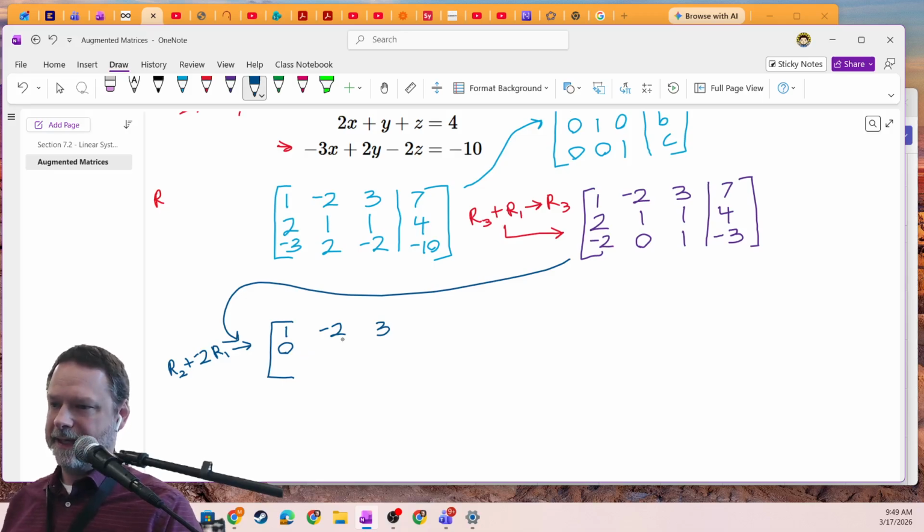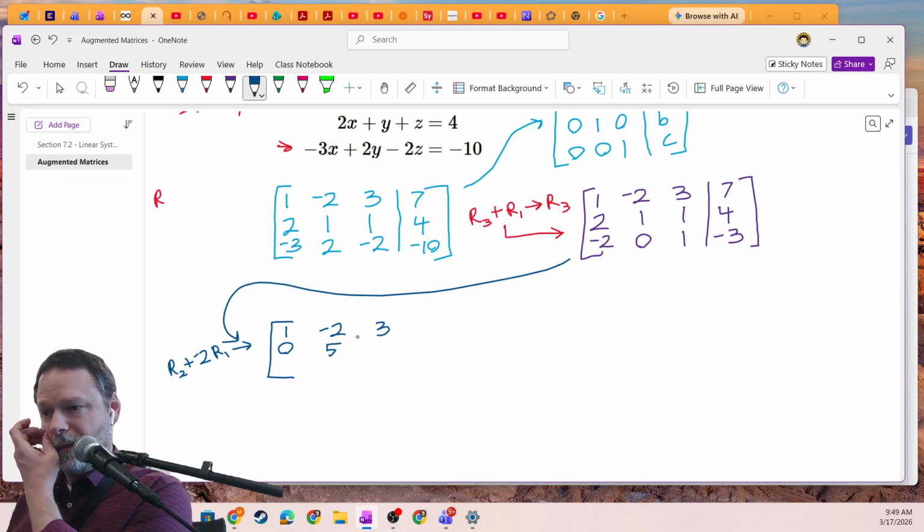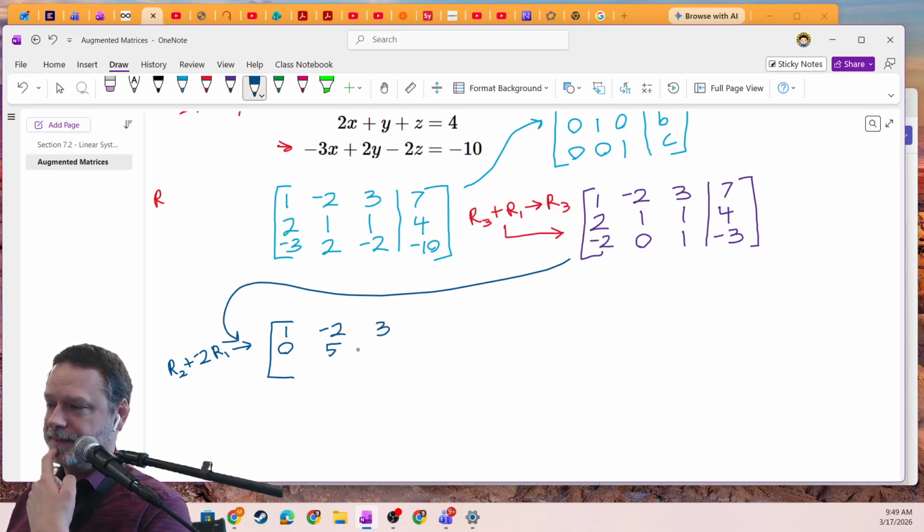That's what I'm doing. So I'm taking that middle row. I'm going to add negative 2 of the top row to it. So negative 2 times negative 2 is 4, plus 1 is 5. Oh, I don't want to do that. I want to keep that a 1. Oh, that's okay. No worries. And then negative 2 times 3 is negative 6. Negative 6 plus 1 is negative 5.